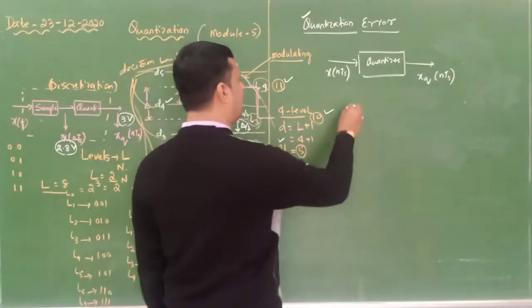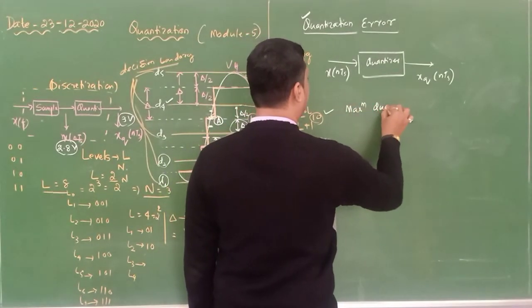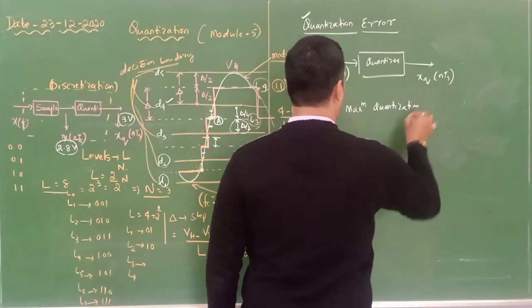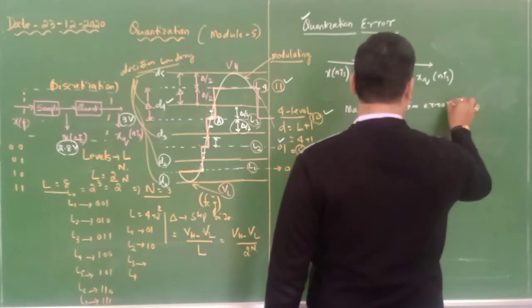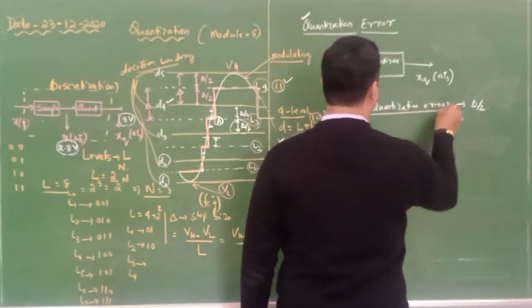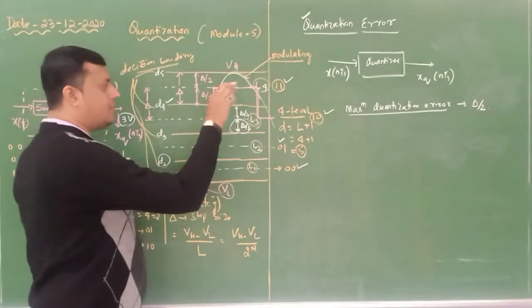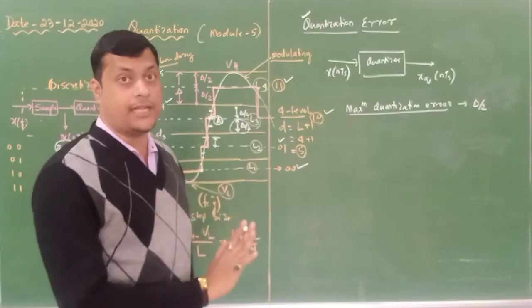So maximum quantization error is del by 2, because that is half of the step size. Means the maximum error will be this much. This is the limitation of a quantization error.